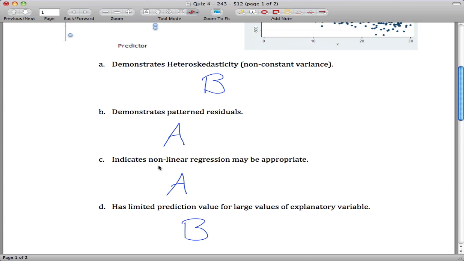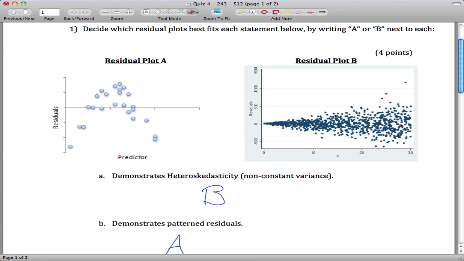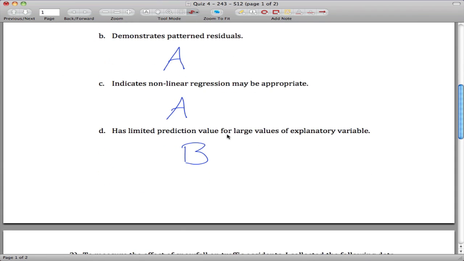You should use nonlinear regression. In this class, we don't learn any nonlinear regression, just that it exists. And this one is B because when your variance gets really big, way out here, your predictions are all over the place. So if your explanatory variable is really big, then you can't use a line that much. The points are all over the place, so it has limited prediction value.